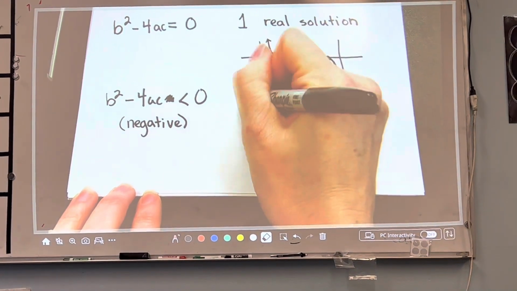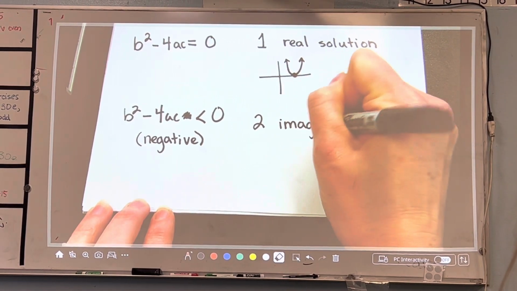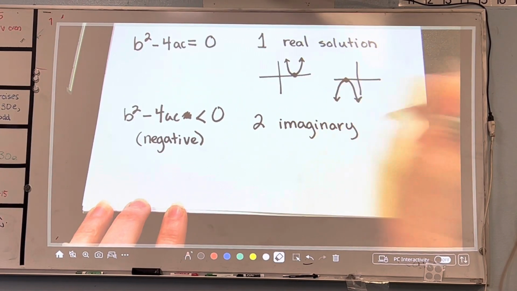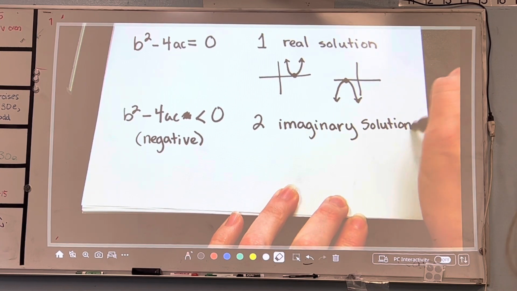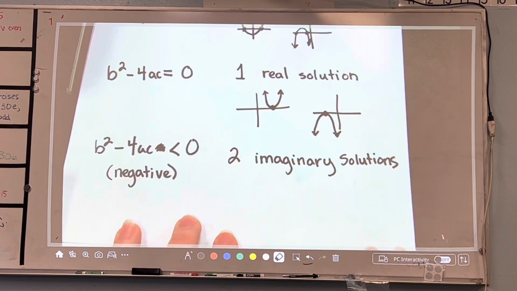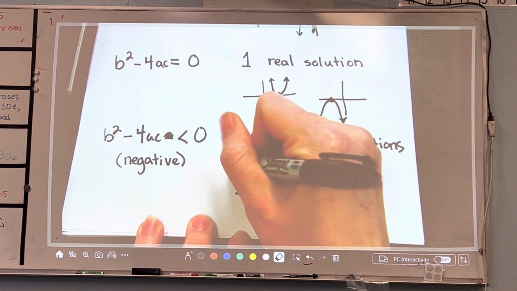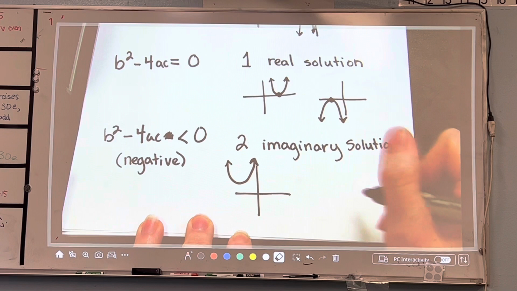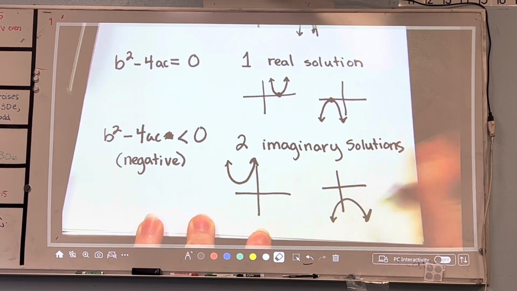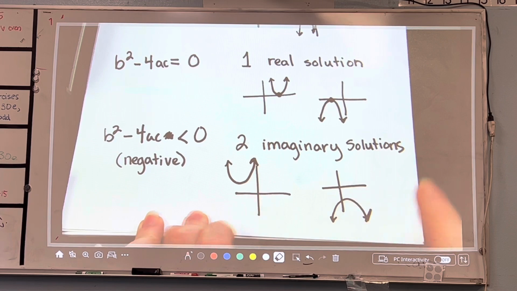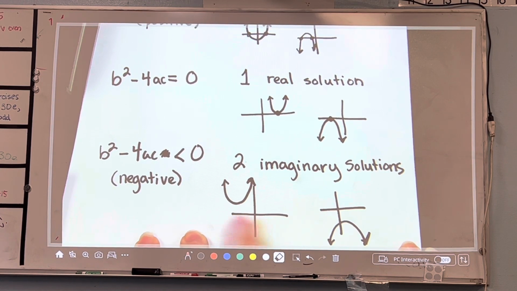So you have 2 imaginary solutions. And in that case, that means you do not have any x-intercepts. Your graph might look like that, or it might be down here at the bottom, but it is not crossing the x-axis anywhere. So imaginary solutions have no x-intercepts.